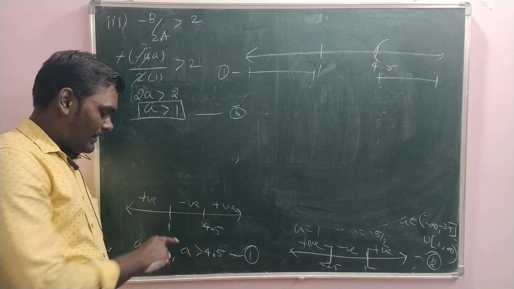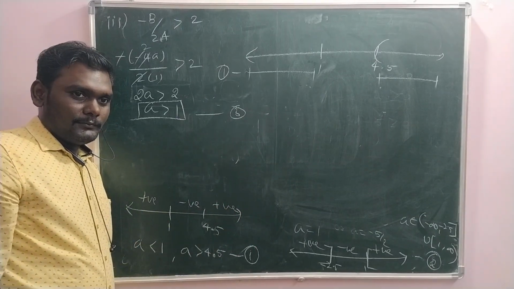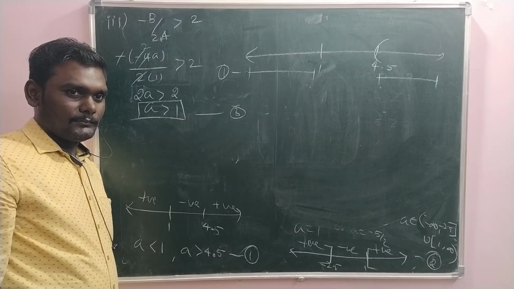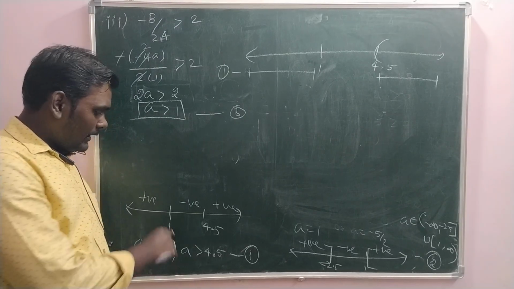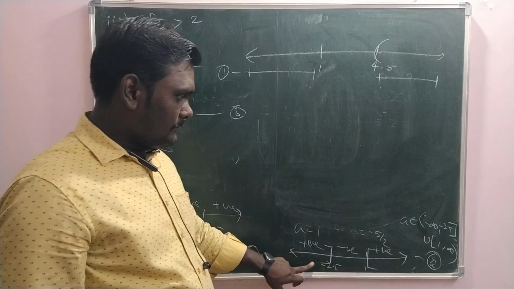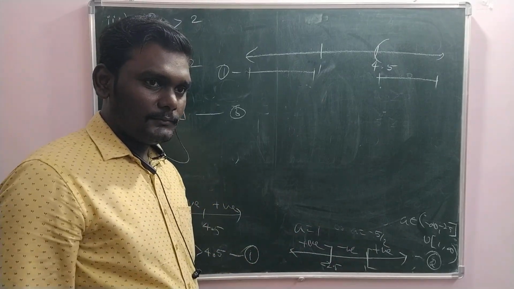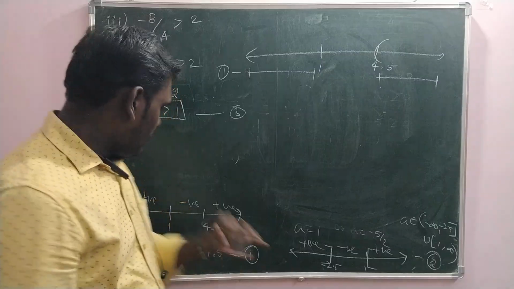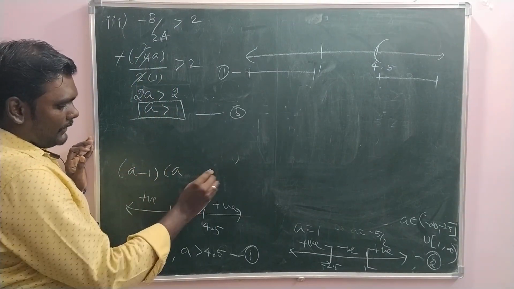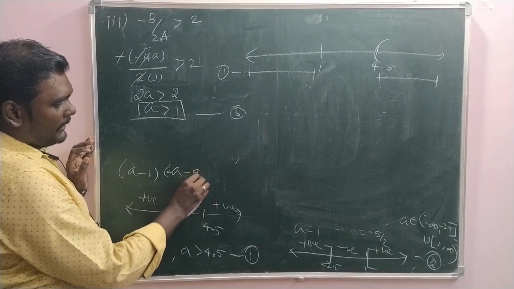If you substitute 1 in this expression, everything will become 0, right? Is 0 positive or negative? Neither. So that is why 1 should not be included. On the other hand, here we get greater than or equal to 0, right? Here the expression is a minus 1 into a minus 2a minus 9, correct?